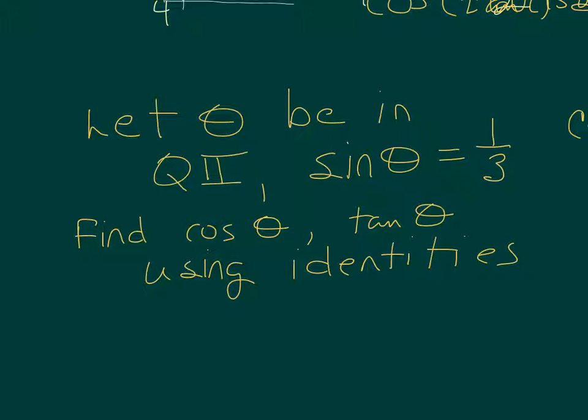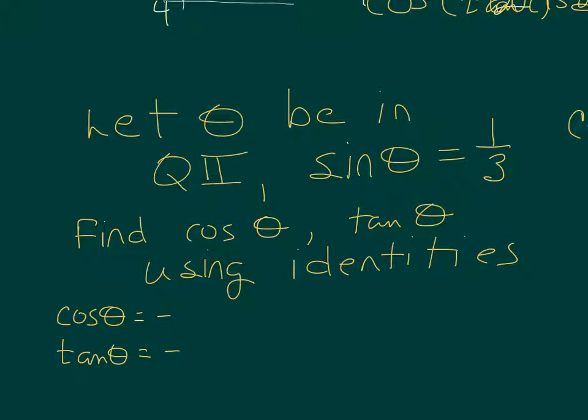We need to know our identities. So we know the sine is 1/3. We're in quadrant 2. What does that tell us about the cosine and tangent? Are they negative or positive? They're both going to be negative. We don't want to forget that we have to consider what quadrant we're in, so our final answers are going to be negative.